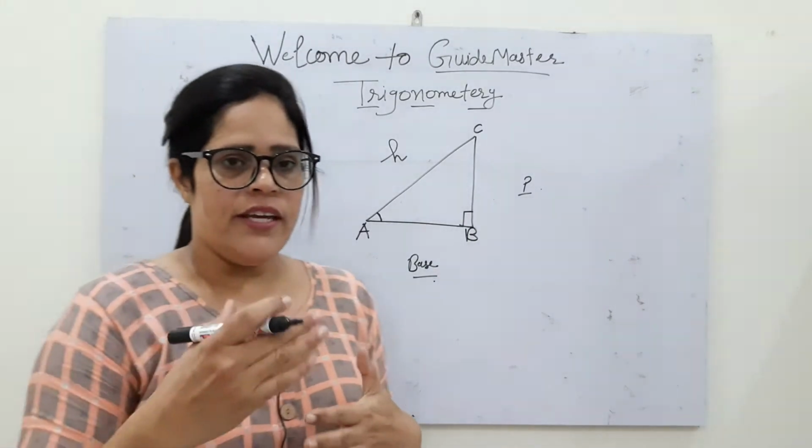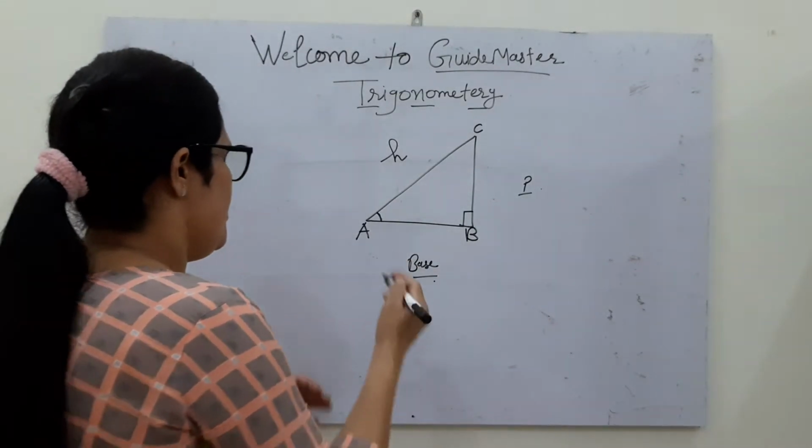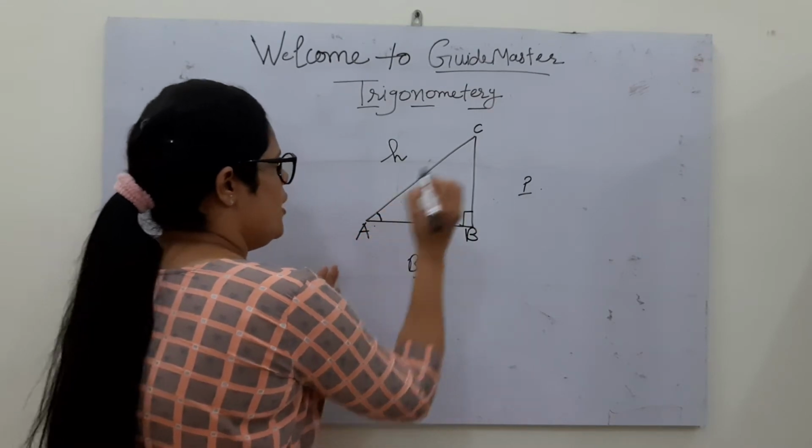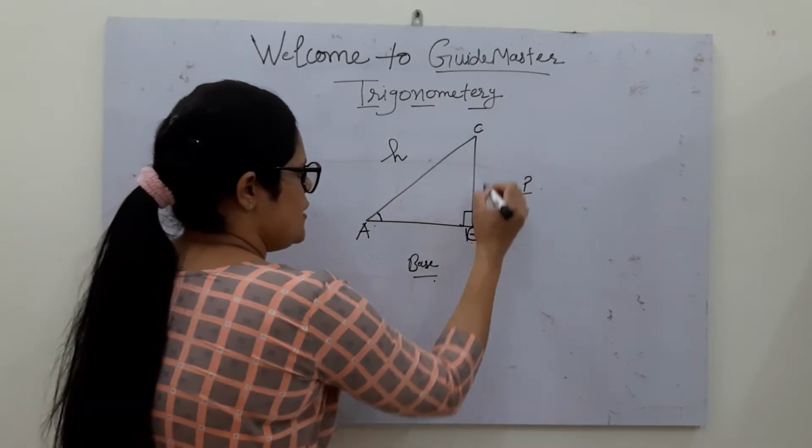In simple words, we have to understand this is the angle A, and this is the side BC.